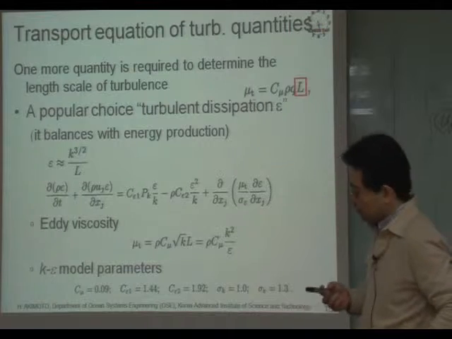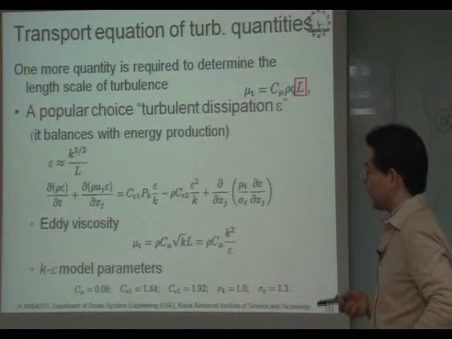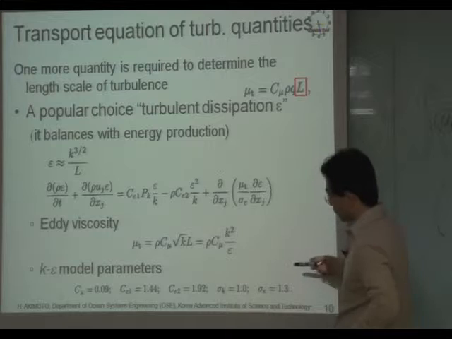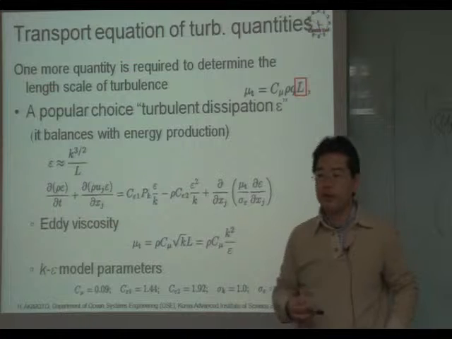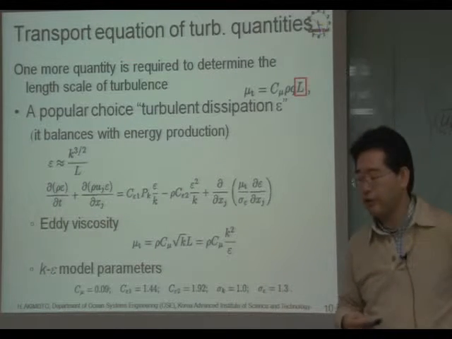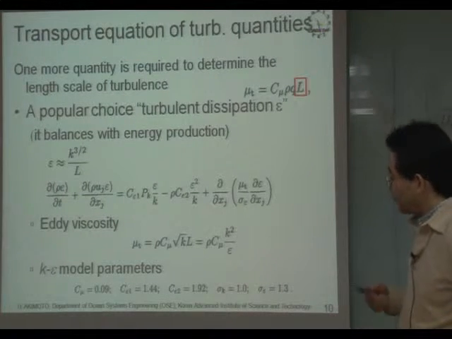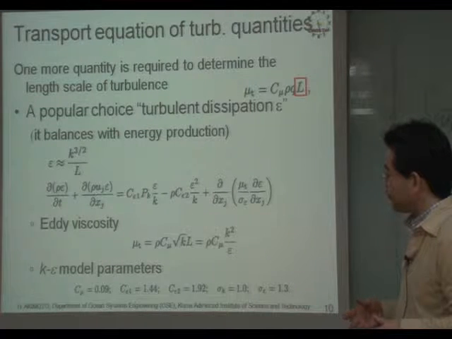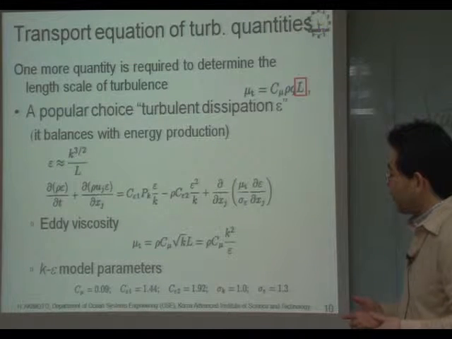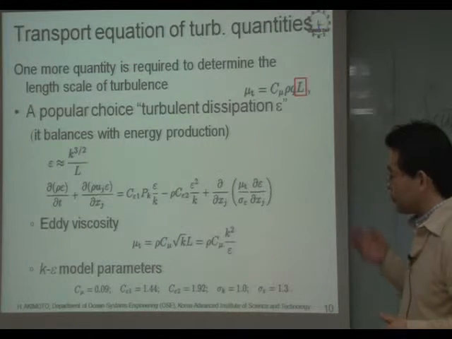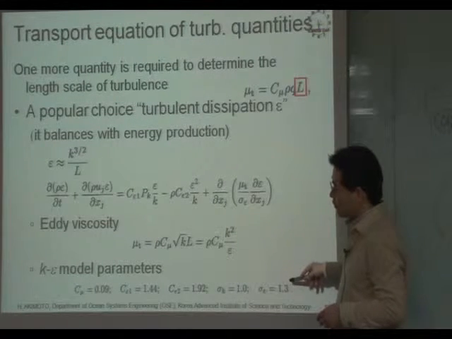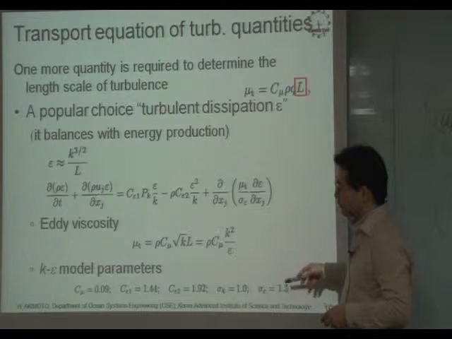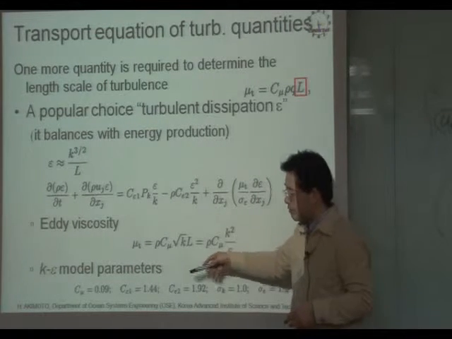The existence of selection indicates these parameters are not independent from the characteristics of the flow. If it is near the wall, you should choose this value. If it has the effect of buoyancy, you should choose this one. So in commercial applications or a textbook, there will be some recipe of these parameters.